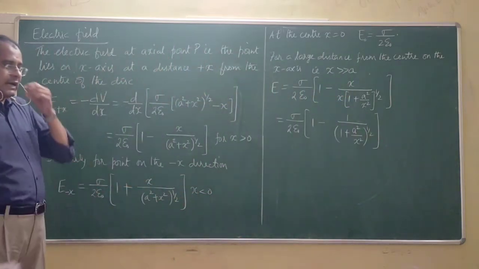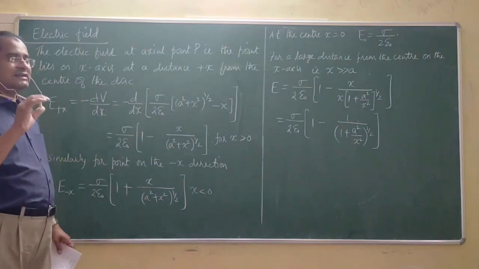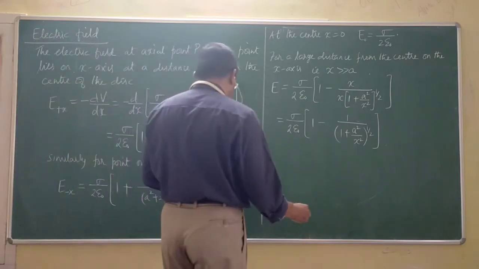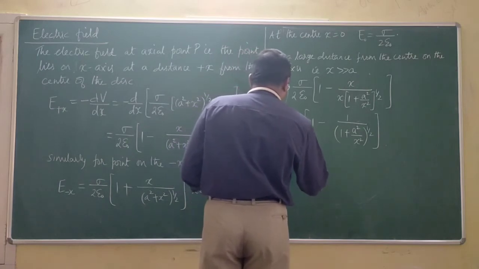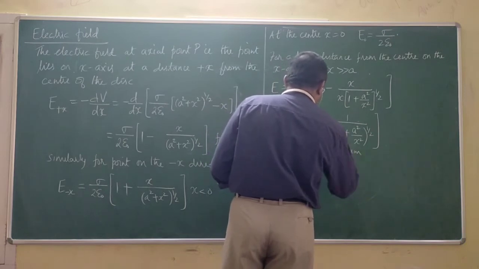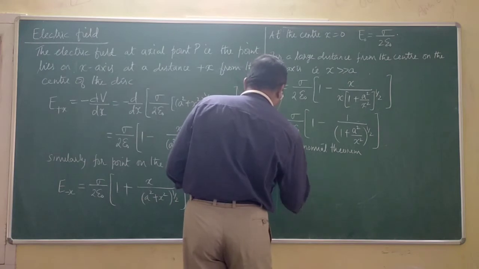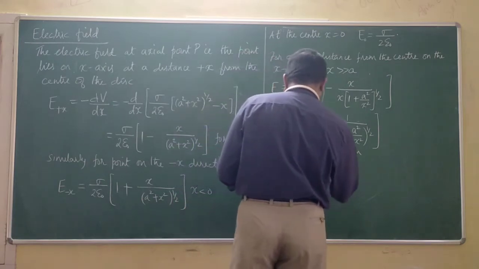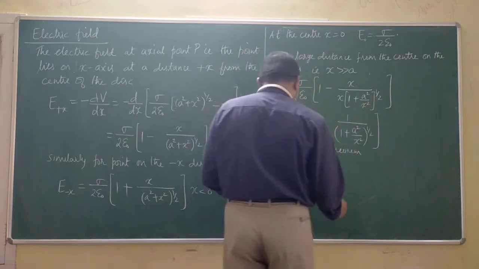Here I am going to use binomial theorem and neglect higher powers of x. Therefore, using binomial theorem, neglecting higher powers, of course, sigma by 2 epsilon naught into 1 minus, if I take this up, it will be minus half.